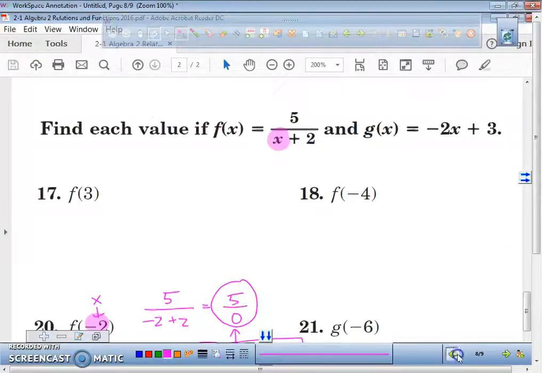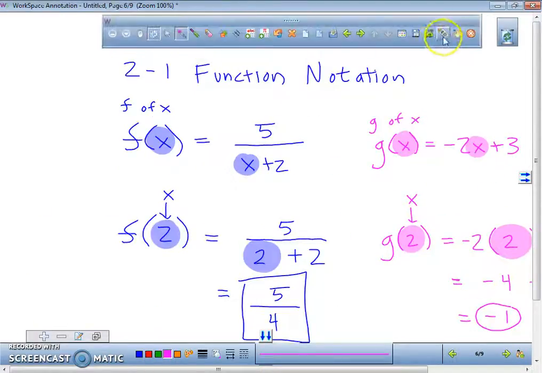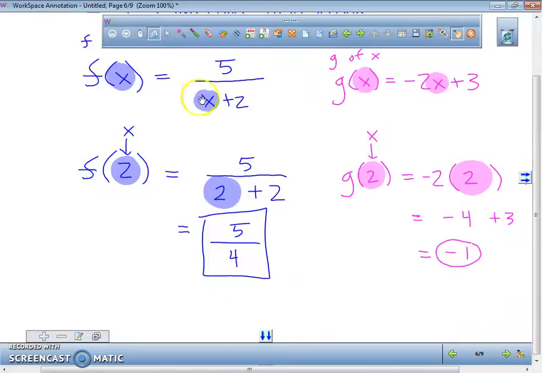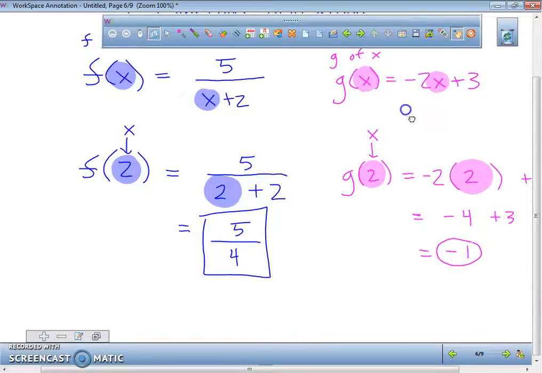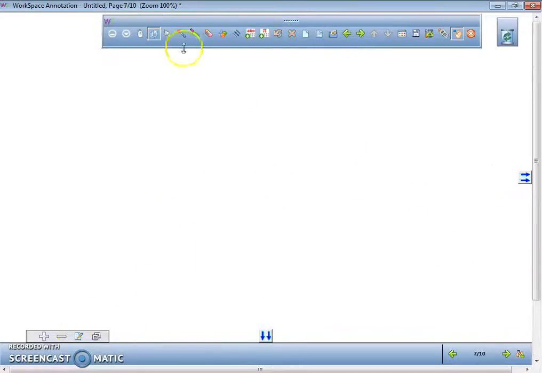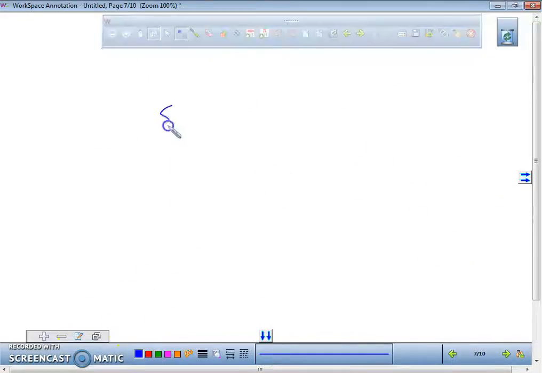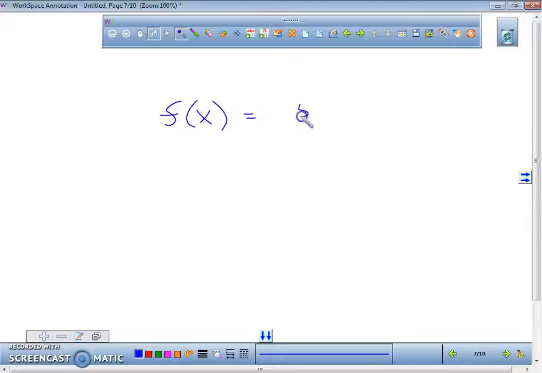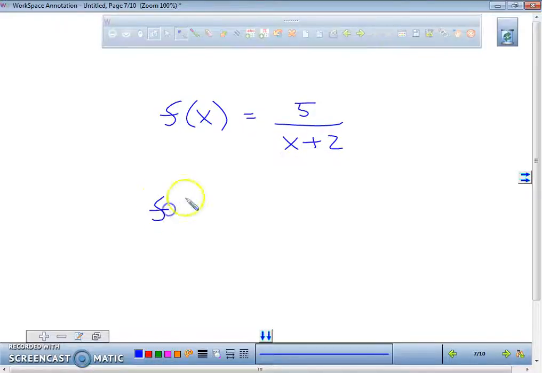All right. Well, we're going to go back to this concept in your journal. So you guys have this, correct? All in your journal. Now we're going to do something a little bit different. Here we go. You have this concept of f, horrible f: f of x equals 5 over x plus 2. What if I said, what is f of y equal to?